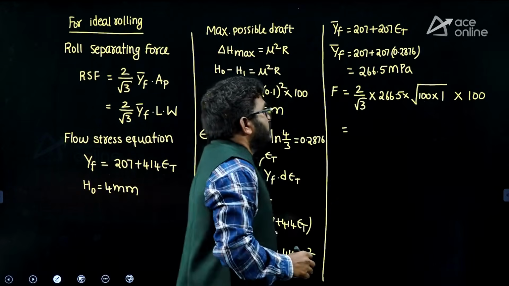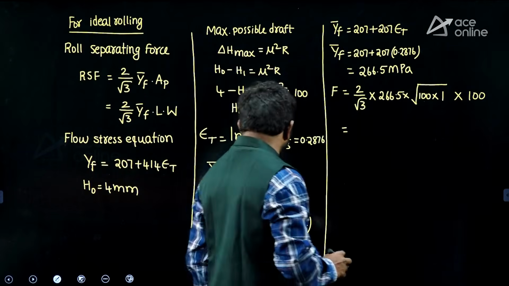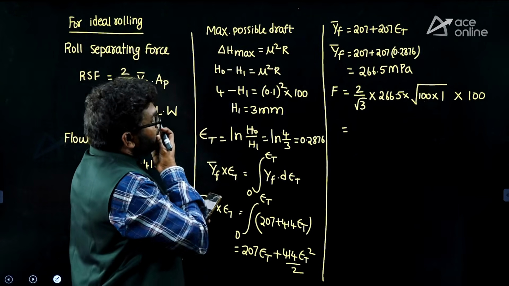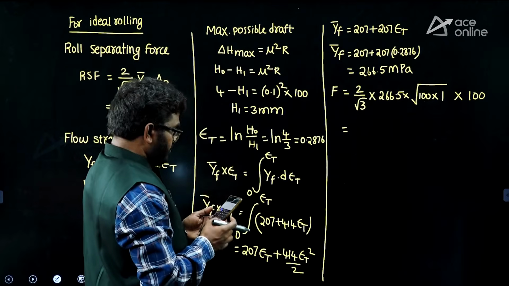This is 10, this is 100, so 1000. 1000 means kilonewton.